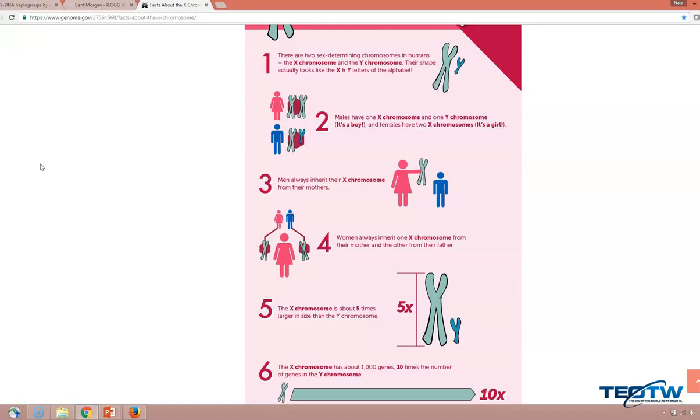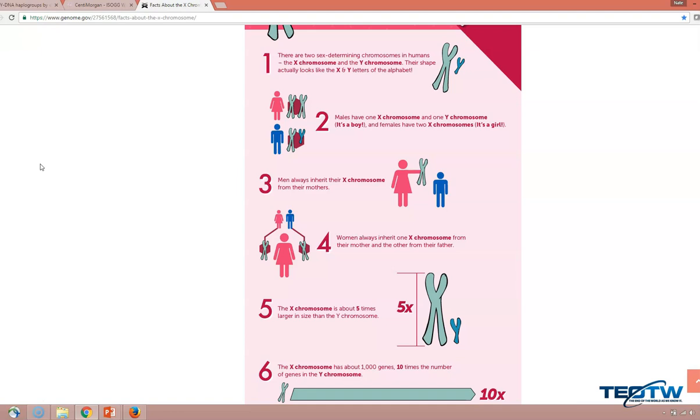So the sex chromosomes are X and Y. There are two sex determining chromosomes in humans, the X chromosome and the Y chromosome. Their shape actually looks like the X and the Y letters of the alphabet. Pretty interesting, isn't it? Males have one X chromosome, which they get from their mother, and one Y chromosome, which they get from their father.